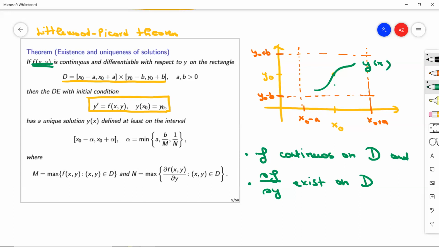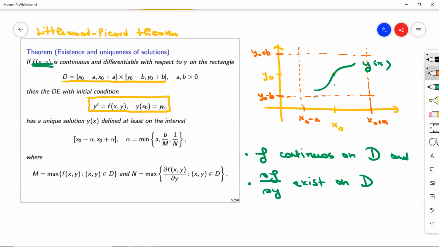And we would like to know whether this differential equation is always solvable. What the theorem by Littlewood and Picard tells us is, yes, this differential equation is always solvable. So y always exists, but maybe not on the whole rectangle. Maybe the solution exists only on some part of the rectangle.